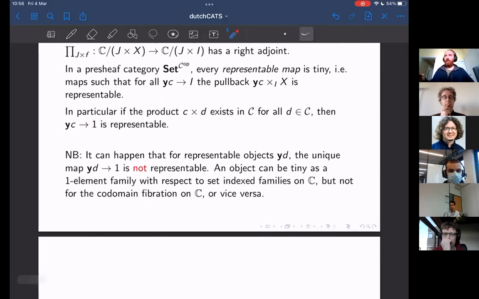And just as a warning, I have very quickly mentioned why this is important, but it can happen that for representable objects Y_D, the unique map is not representable. Sometimes it is. If products exist in our small category C that we're taking presheaves over, then this will be a representable map when this object is representable. But it's not always true. So that's an important point.